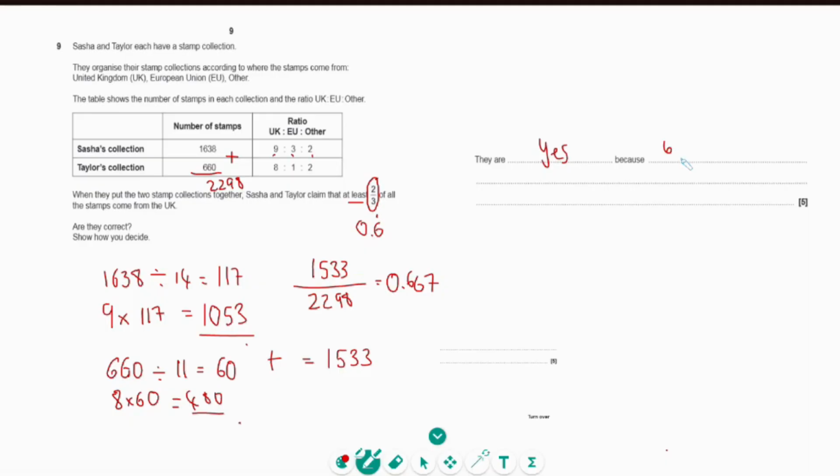We compare it as percentages. And here 2/3 is 66.6 recurring. So it is at least 2/3.